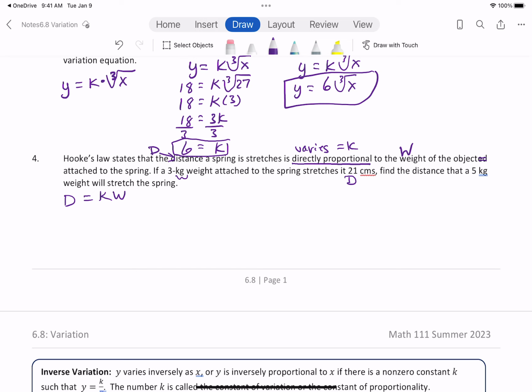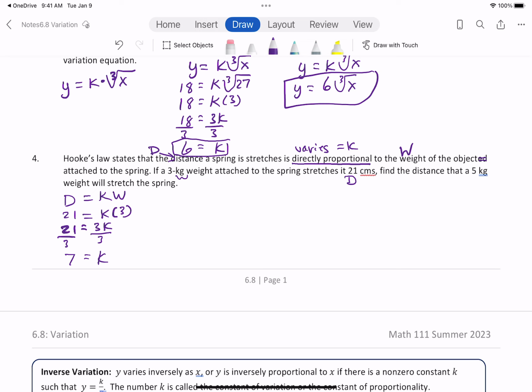First, it's giving me a w and a d that I can plug in and solve for k. So a 3 kilogram weight, we're going to put the 3 in the place of the w, and it stretches 21 centimeters, so that's my d. If we write this in the order we're accustomed to seeing it, I can divide both sides by 3, and I get k equal to 7.